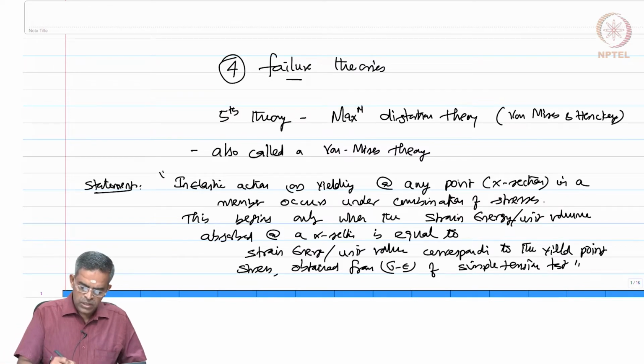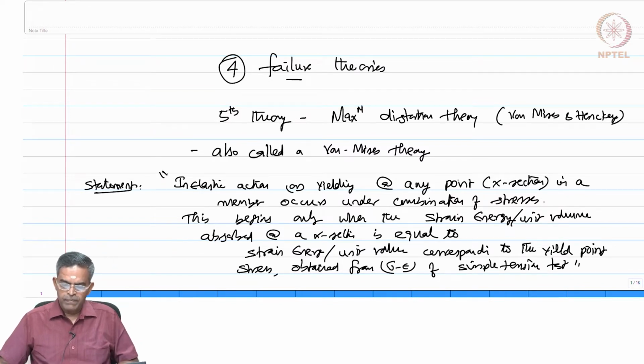The statement looks similar to what we have in the strain energy theory, but there is a marginal variation in this theory, which we will explain as we proceed.